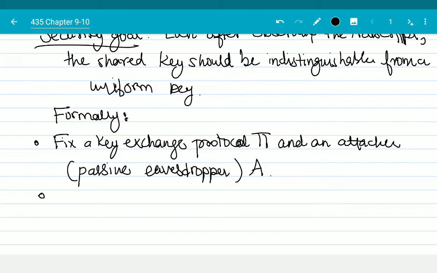Everyone can see this data. There's no encryption going on. You need a key for encryption. We are trying to figure out how to set up a key, right? So a passive eavesdropper is fine.